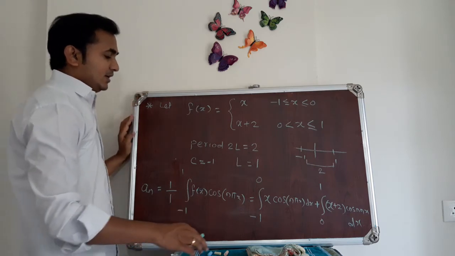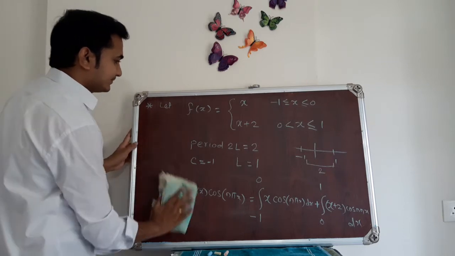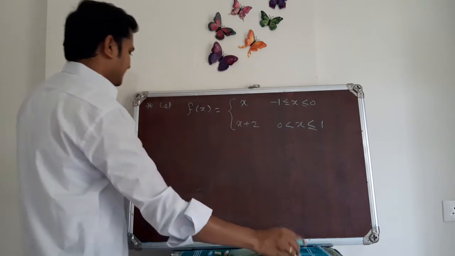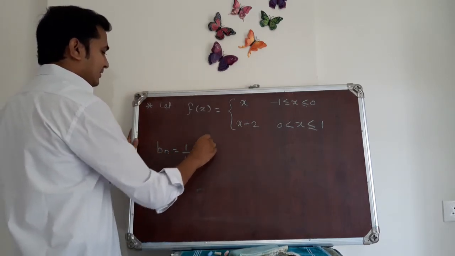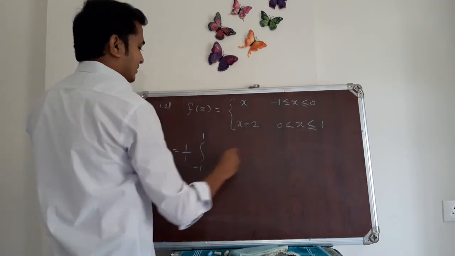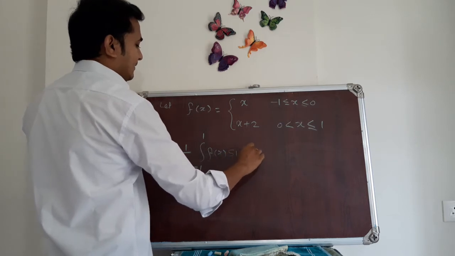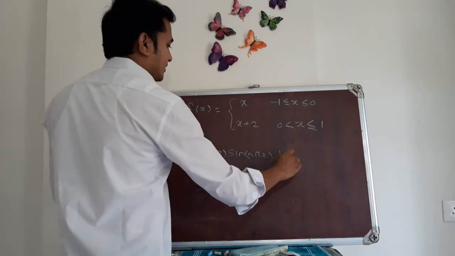And then third, that is bn. Bn is 1 by L integral c to c plus 2L, so minus 1 to 1 f of x sin n pi x upon L, L is 1.